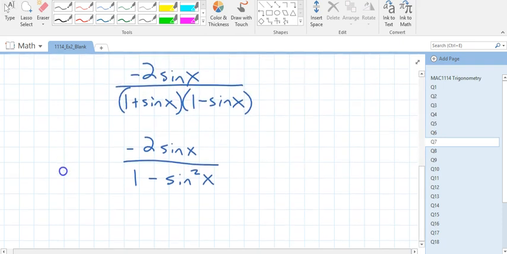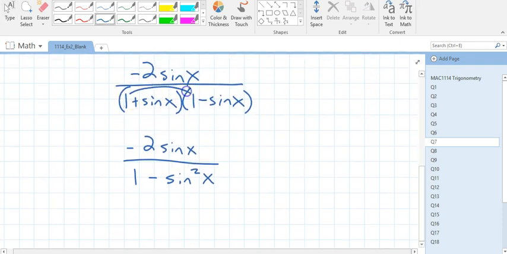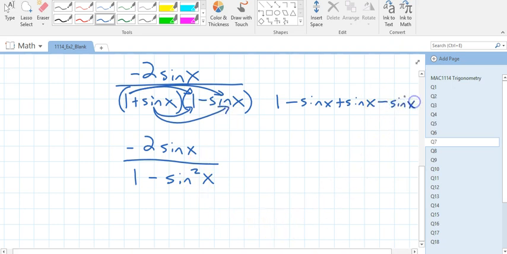Because again, if you do first, outer, inner, last, 1 times 1 is 1. 1 times negative sine x is negative sine x. Sine x times 1 is a positive sine x. So those two guys cancel out. And sine x times a negative sine x is negative sine x squared.